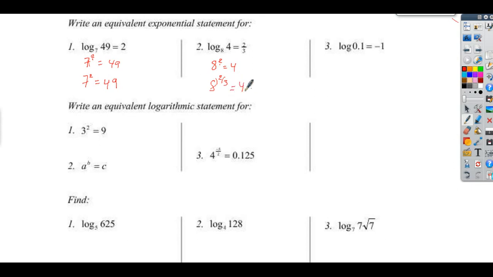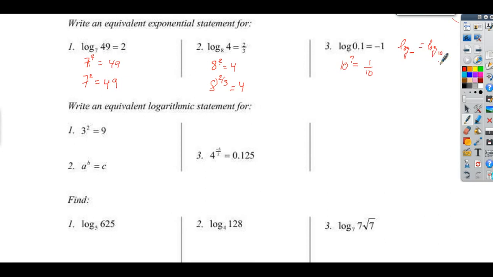Stop the video here for a moment to actually work that out based on the indices rules from the first page. Note that 8 is the base, just like it is the base in this expression with the base and the power. If we look at this one, this is the same as asking 10 to the power of what will give 1/10, because log without a number is the same as log base 10.